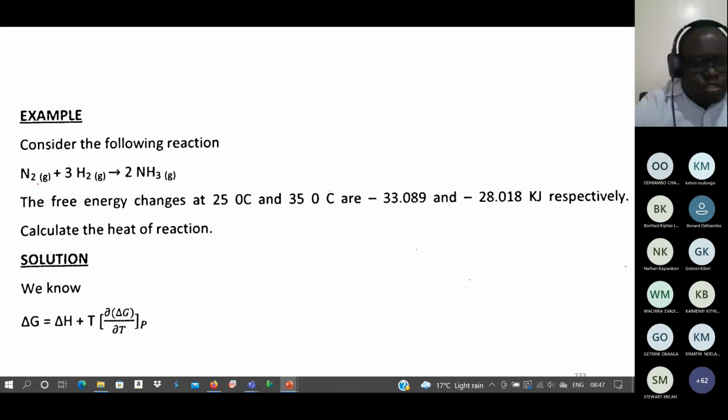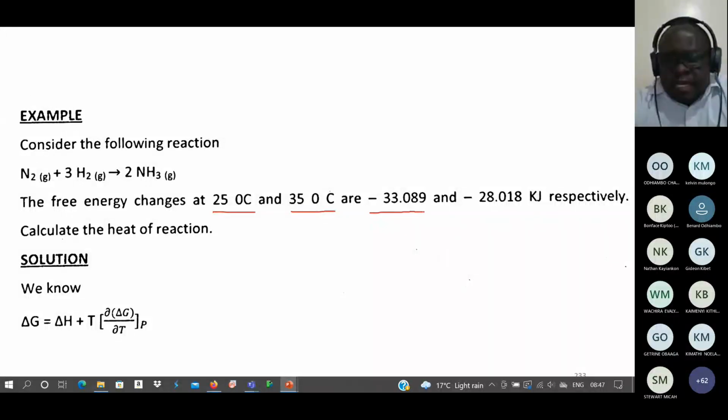So when you consider this reaction here, the free energy changes at 25 degrees Celsius and 35 degrees Celsius are minus 33.089 and minus 28.018 kilojoules, respectively.